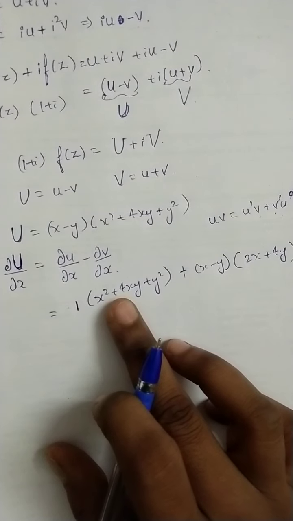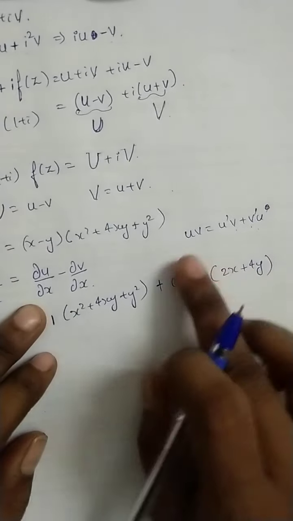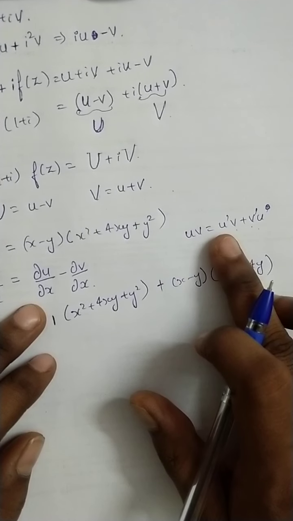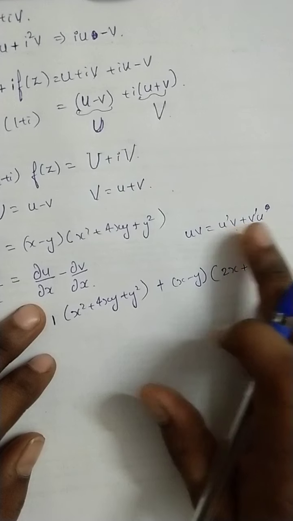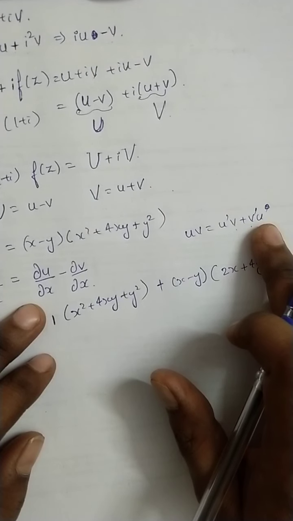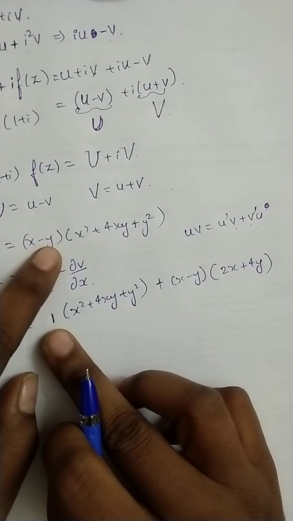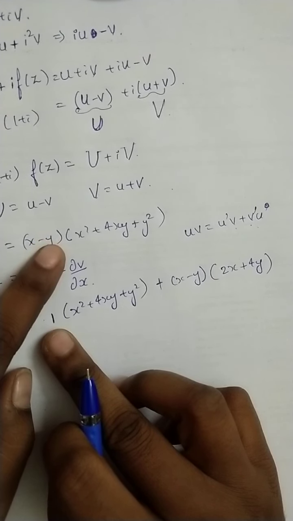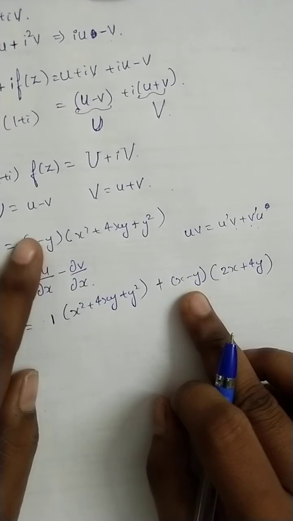Okay, now we have to differentiate this part with respect to x. So we have to use the uv formula. In the uv formula, we differentiate u and write v as it is, and we differentiate v and write u as it is. So differentiation of x is 1, and y with respect to x we are differentiating, so this part will be 0, and we write this part as it is, plus we write the v part as it is.